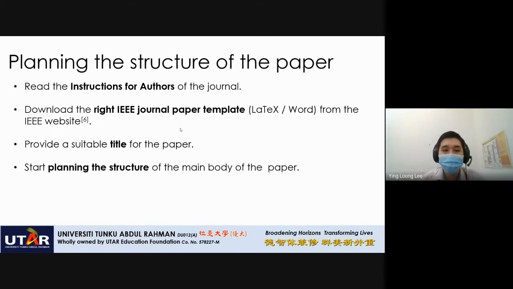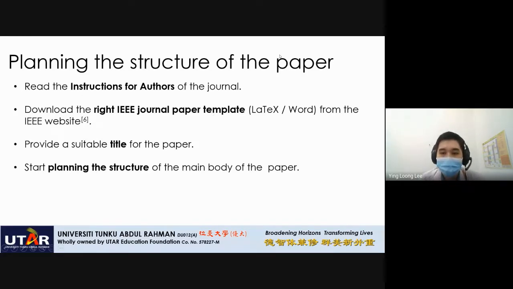So we should read the instruction for authors, and also download the right IEEE journal paper template. Now the IEEE website prepares a template. If you select a particular journal, they will provide you a template. So you can just use the template and write your article.